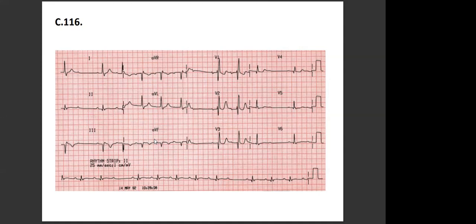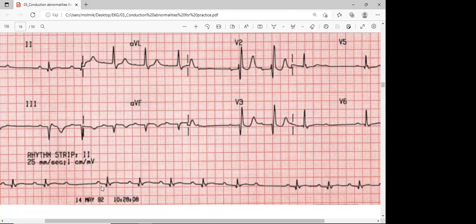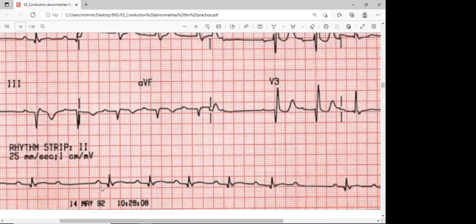And I'm looking at the second lead. Okay. The rhythm of P wave is regular, but some P waves are not conducted. So it's going to be second degree AV block.